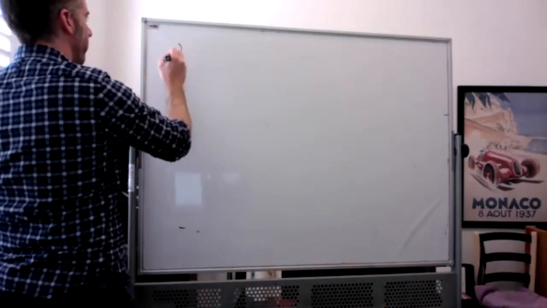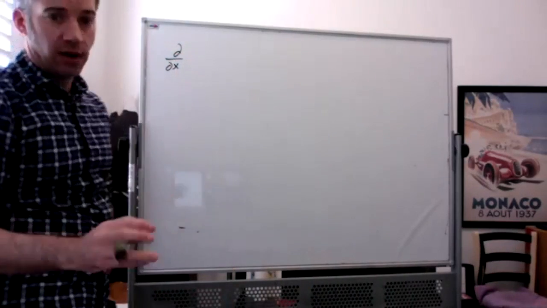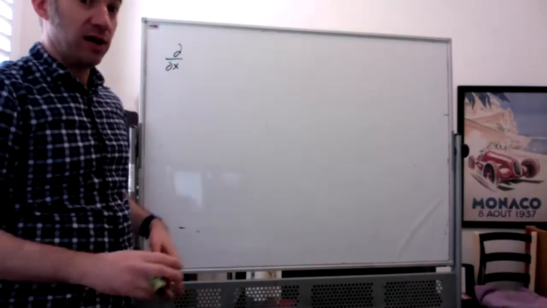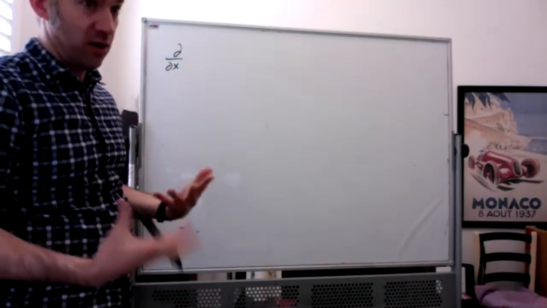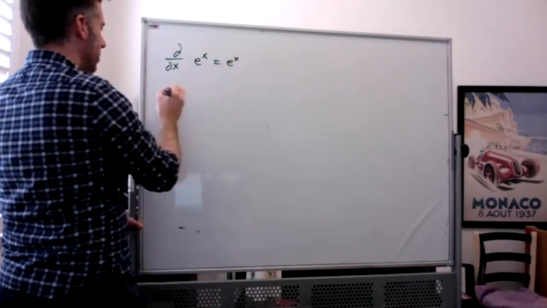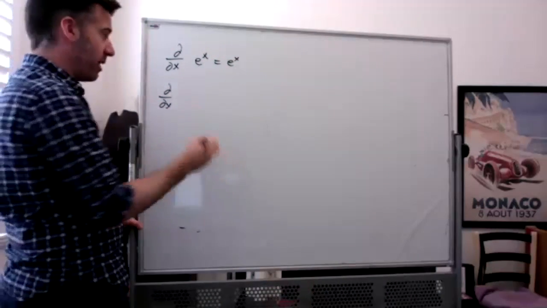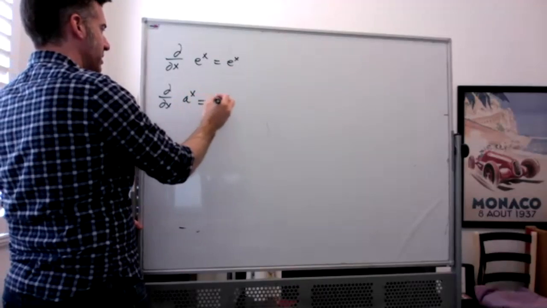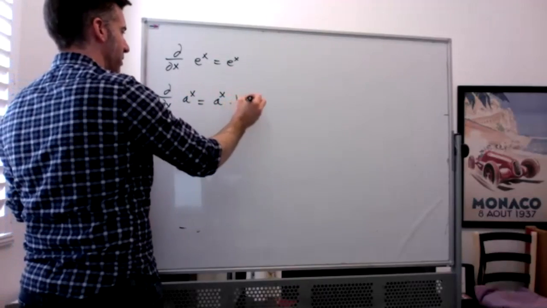Let's find the derivative of, and actually I'm going to remind everybody, we know how to take the derivatives of exponentials and logarithms. The derivative of e to the x is e to the x. The derivative of some other base, a to the x, is a to the x times the natural log of a.